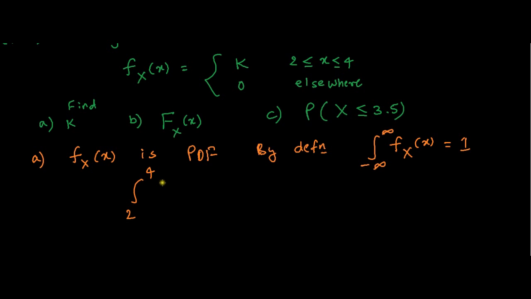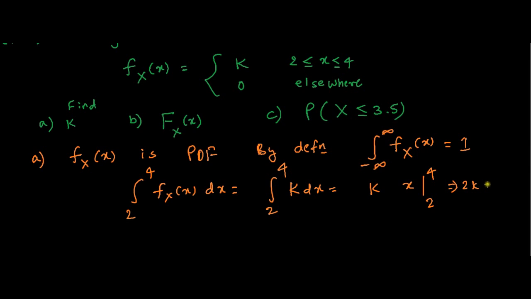So we get the integral from 2 to 4 of f of x dx, which will be equal to the integral from 2 to 4, where the probability density function is the constant k. So this will be k times the integral of dx, which is x from 2 to 4. That will be 2k.